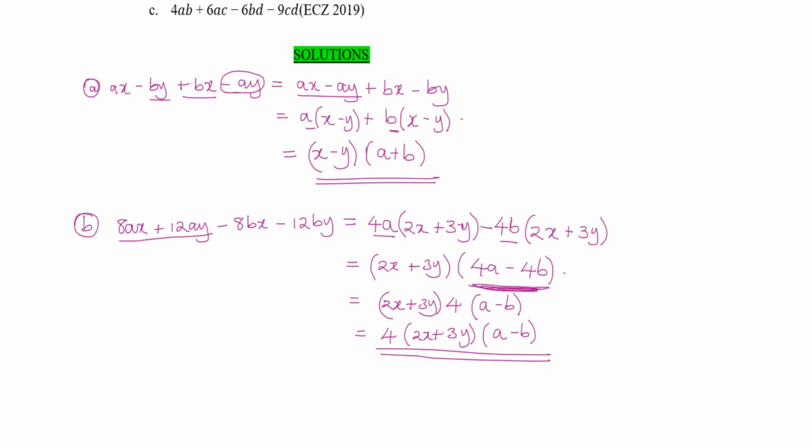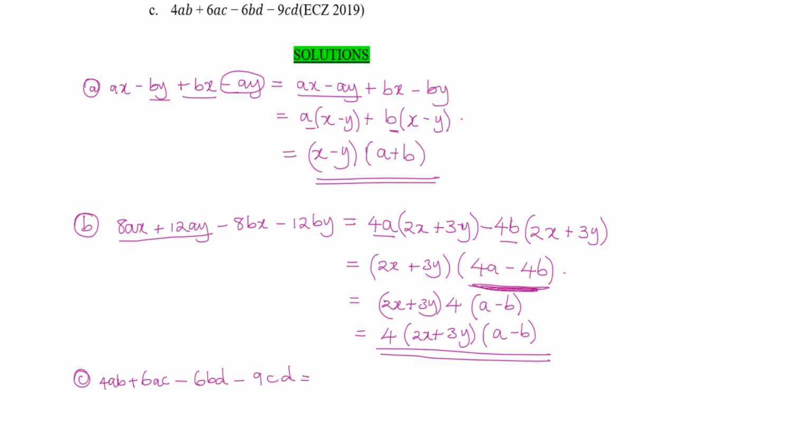The last example in this session, we have question C, which is 4ab plus 6ac minus 6bd minus 9cd.